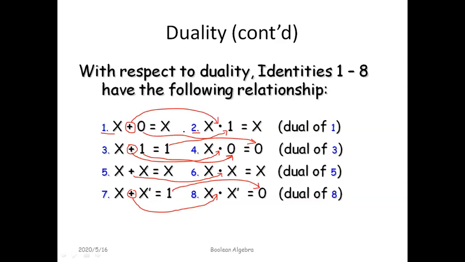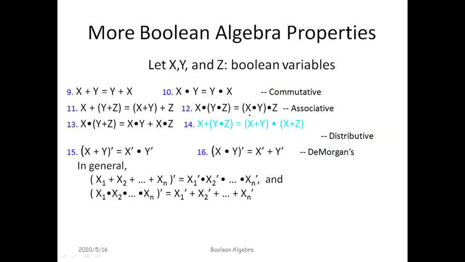So number 2 is the dual of 1, number 4 is the dual of 3, number 6 is the dual of 5, and number 7 is the dual of 8, or number 8 is the dual of 7. Okay, so this is the duality property.